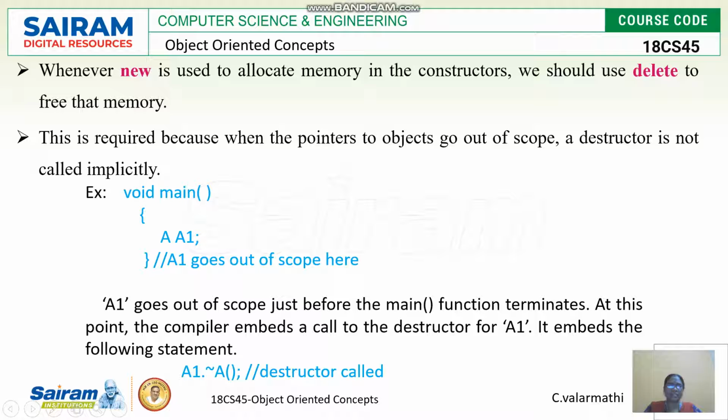In void main, a1 is my object. When the object is created, the constructor will be called, and the space required for that object is created newly.